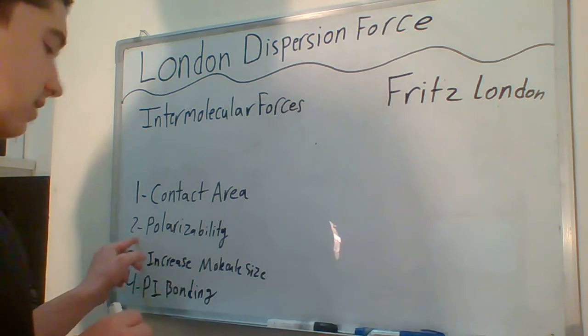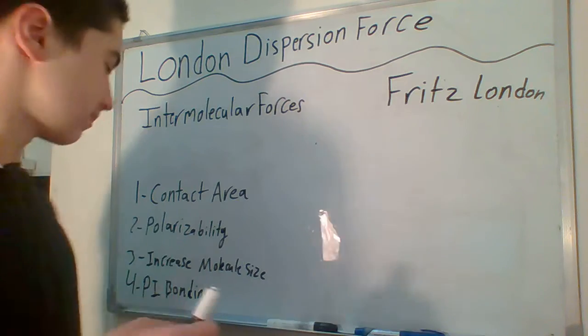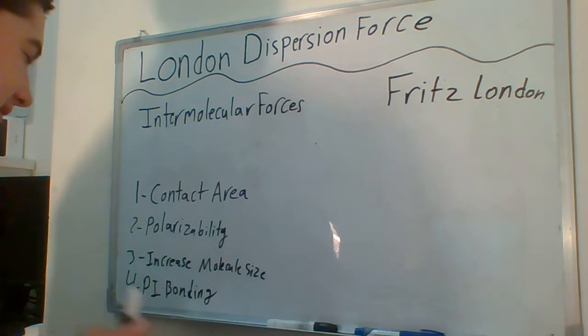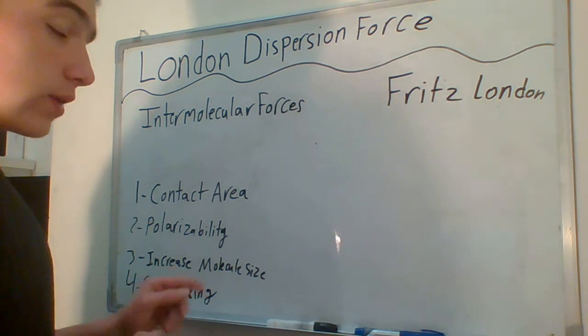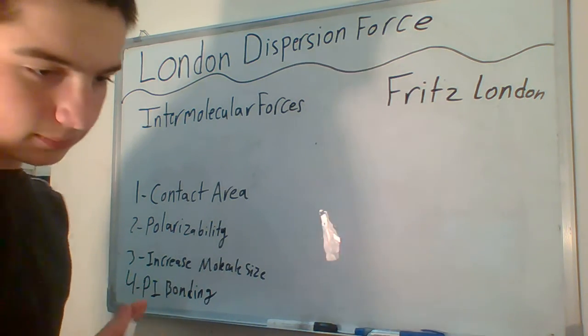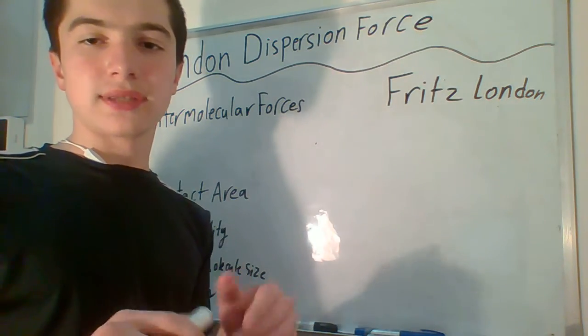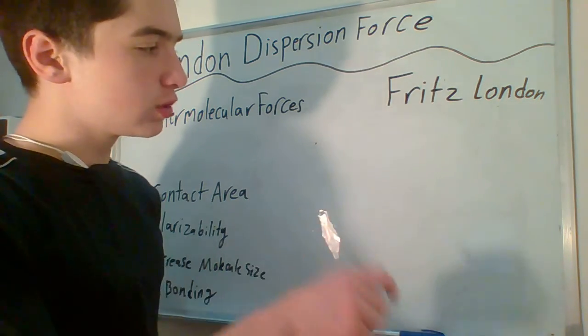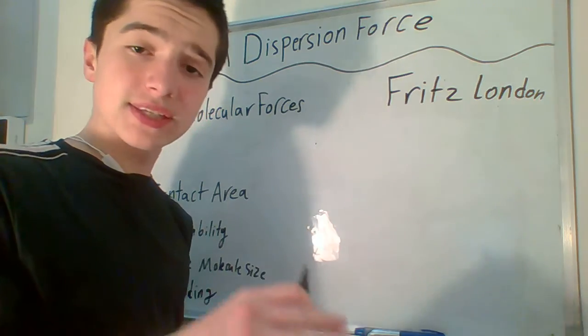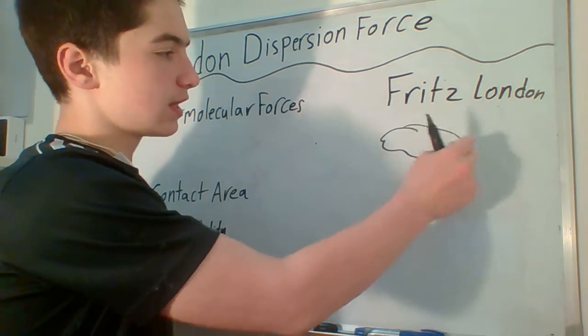Second thing, polarizability, then increase in molecule size, and pi bonding. Let's talk about them. Let's talk about first the contact area. Imagine we have two different molecules, but they're made out of the same element.